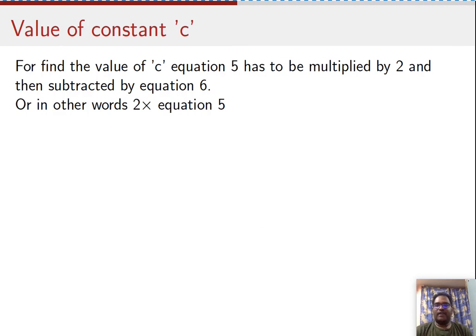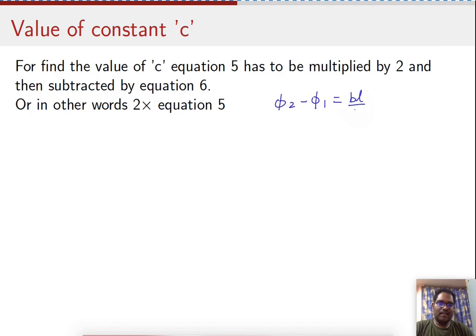So we are going to find out the value of the term c. For finding out the value of c, equation 5 will be multiplied by 2. I'm sorry. If you try to recollect, equation 5 is phi 2 minus phi 1 is equal to BL by 2 plus CL square by 4.